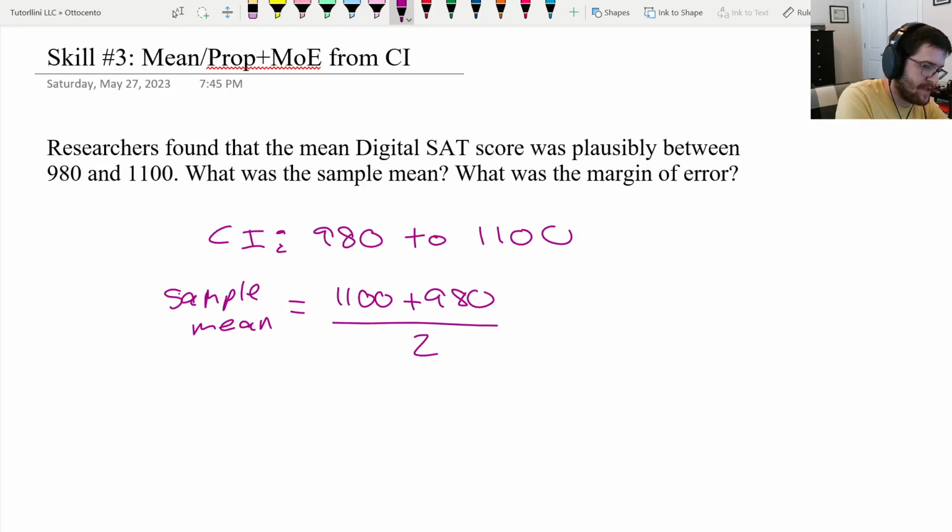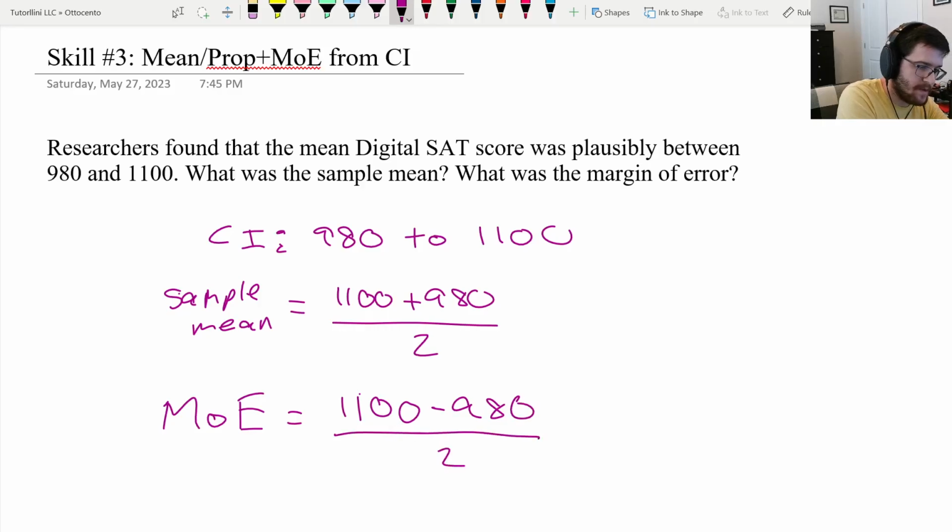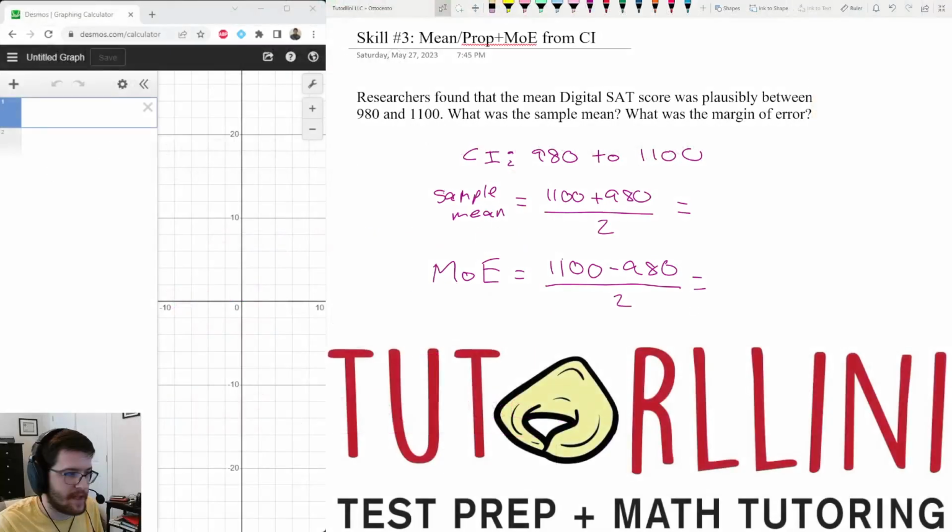And then to find the margin of error, I'm going to subtract them and divide by 2. And let's see what that gives us.